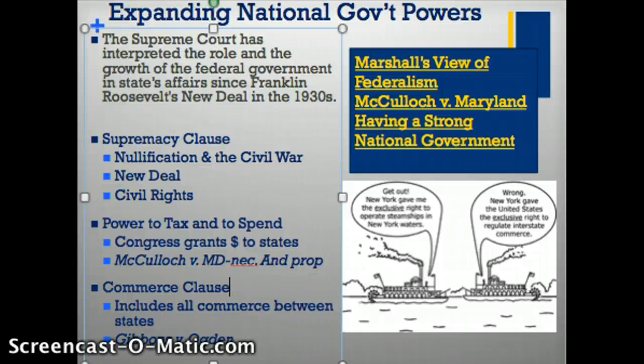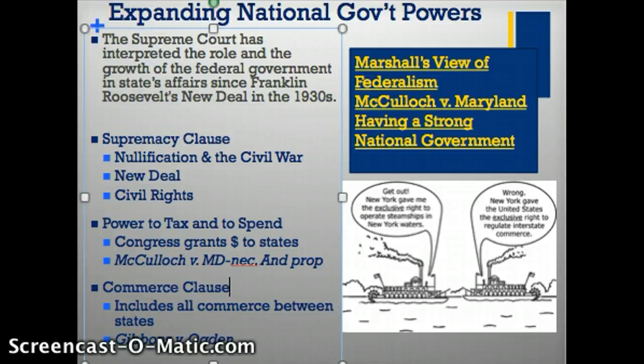And the Supreme Court said, you are correct. A state cannot tax a national government entity because of the supremacy clause. Just because a state might be against a national bank doesn't mean that they can tax it, because a national bank was necessary to carry out the express powers of the national government.